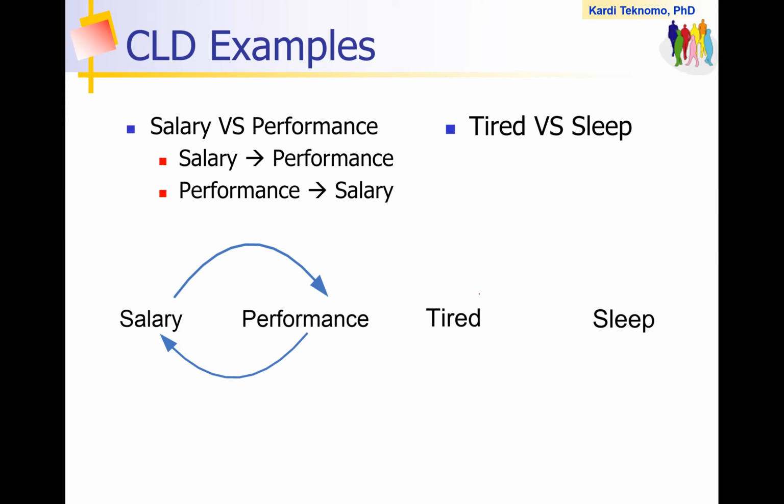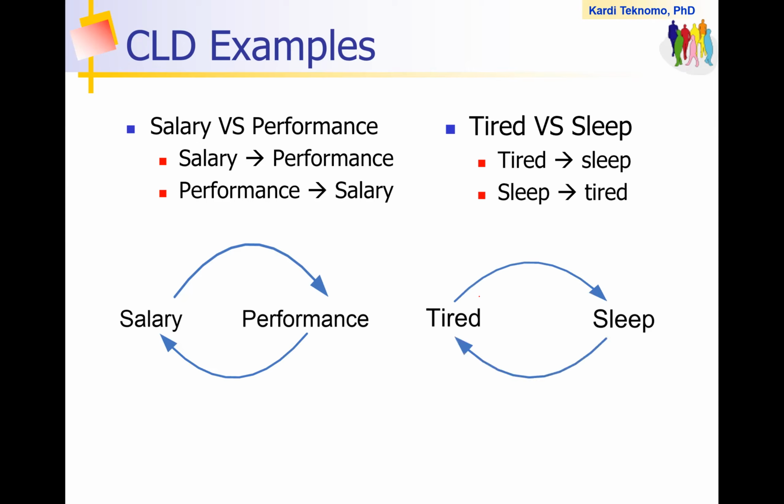The more tired you are, the more sleep you need, right? And then the more sleep you need, what happened? The less tired you are. So this is the example of CLD, that whether it's positive or negative influence, you can still draw the arrow.